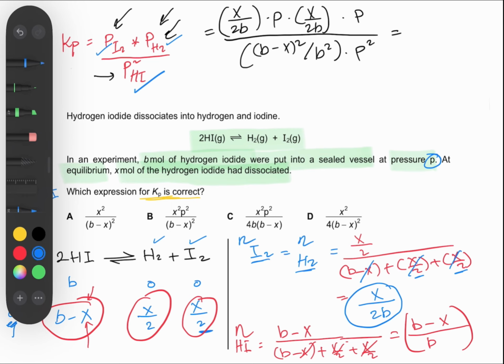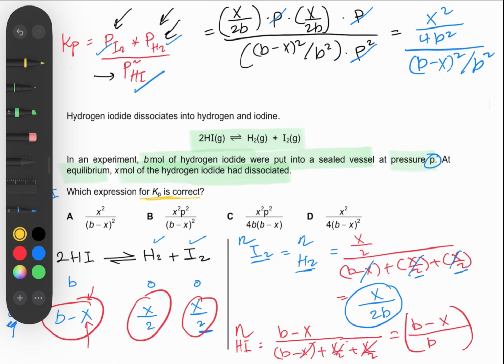Okay, now we have to cancel these out. The P's are gone. Now we have x squared over 4B squared over B minus x squared over B squared.